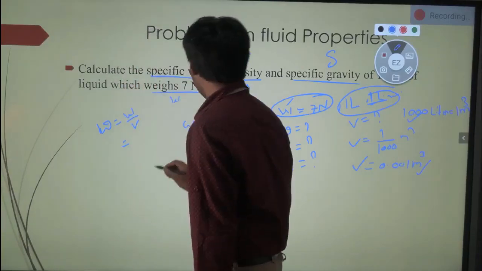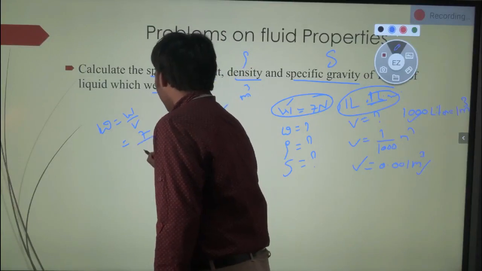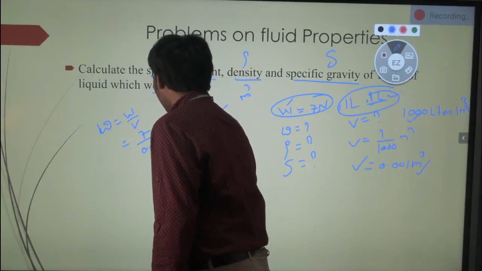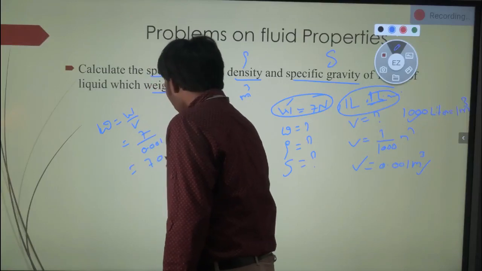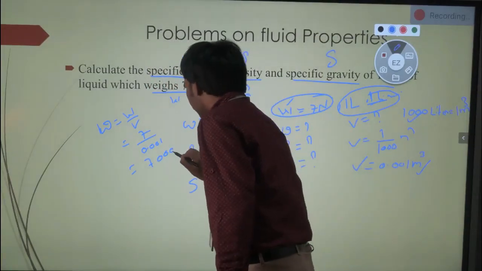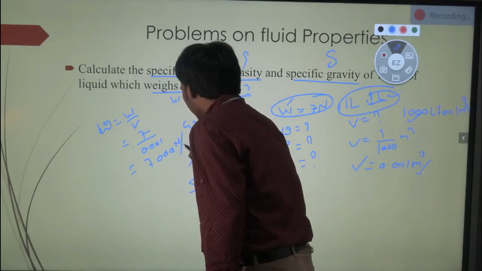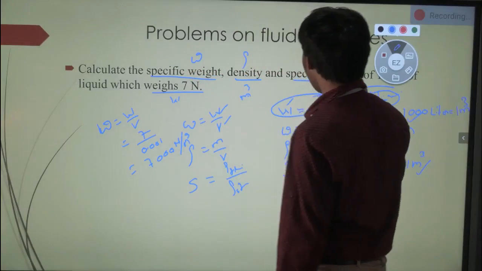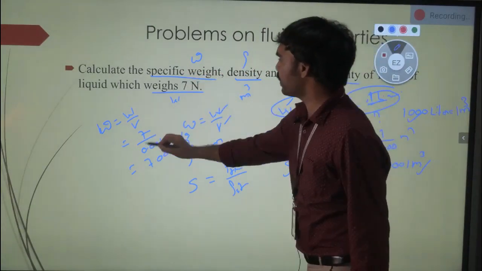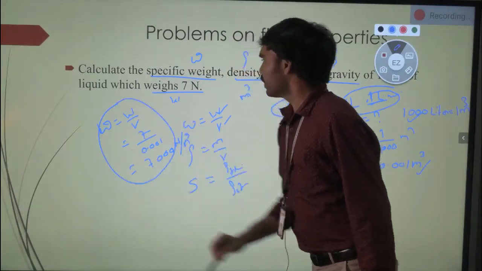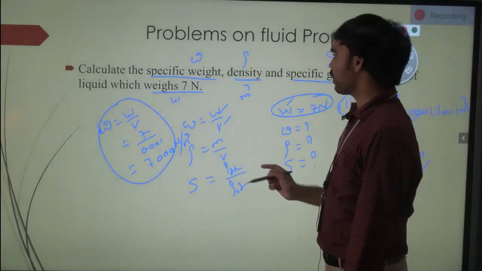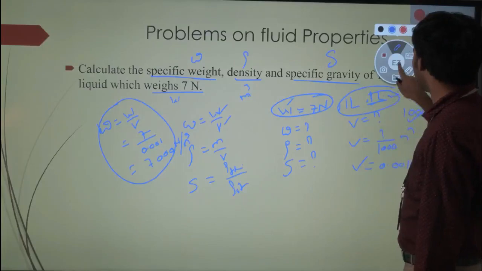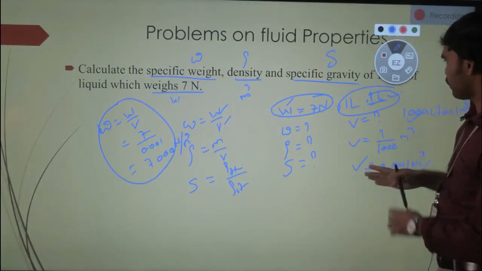The weight is 7 and volume is 0.001, so that is 7000 Newton per meter cube. Now we know the specific weight of the fluid. The specific weight of the fluid is 7000 Newton per meter cube. Units are very important.